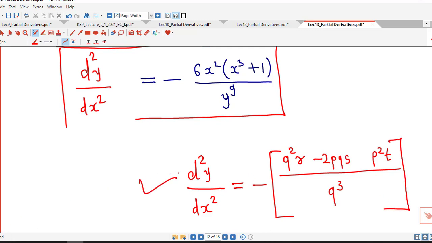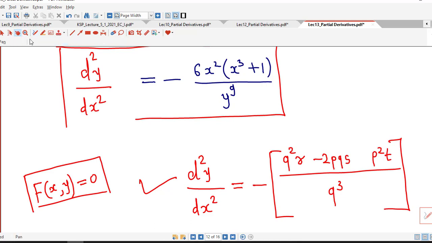So we will remember this formula to find the second order derivative of y from the implicit relation between the variables x and y. So this is all about today's lecture.